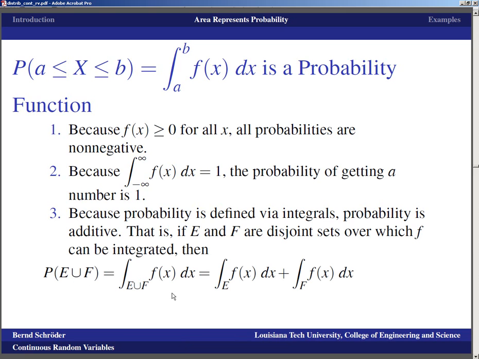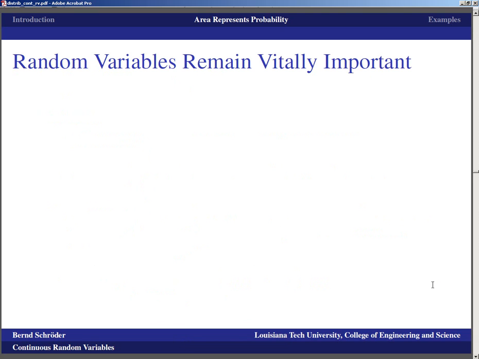And, well, we know that we can split up integrals if the sets are disjoint, so the integral over E union F of f of x dx is just the integral over E of f plus the integral over F of f, and that's nothing but the probability of E plus the probability of F. So that means that this really does work out on the technical side.